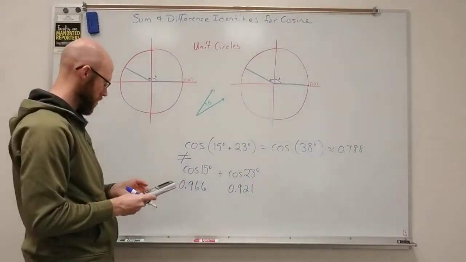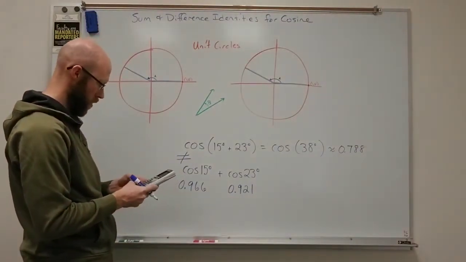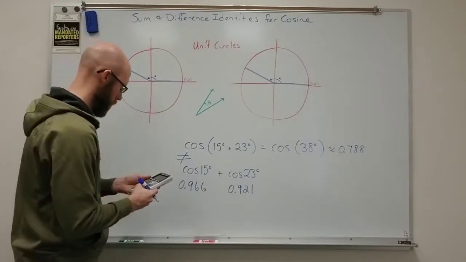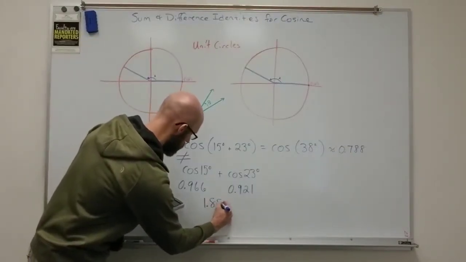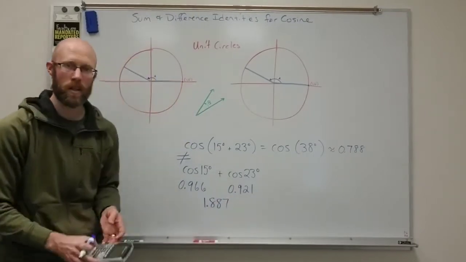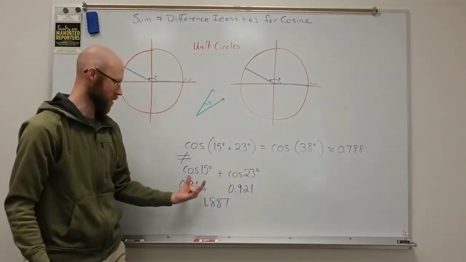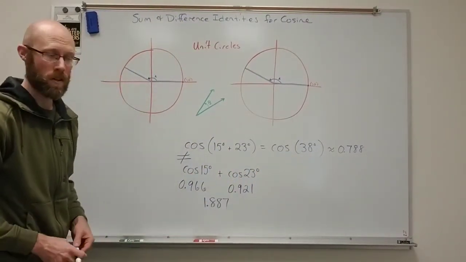So, yeah, I get 0.966 plus 0.921 is approximately, well, 1.887. So it's very clear then that the cosine of 38 is not the same as the cosine of 15 and 23 added together. Okay, those two values are very different.